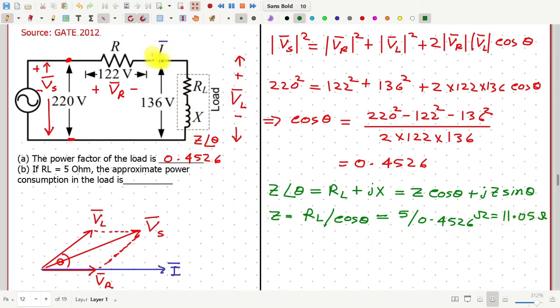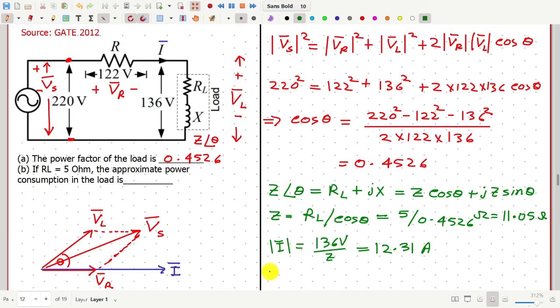Then the magnitude of this current I bar can be written as this voltage, 136 volt, divided by the magnitude of this impedance, that is Z. So that is equal to 12.31 ampere.